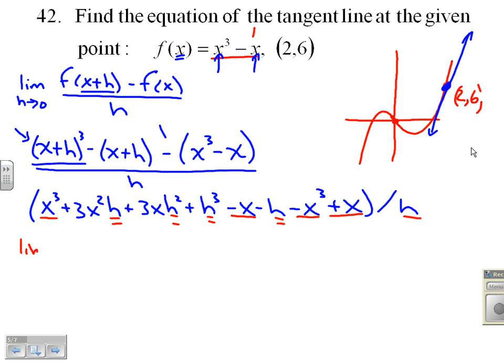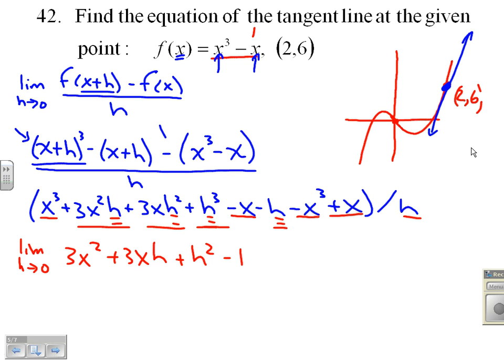So I'm left trying to find the limit as h approaches 0 still of: reduce this guy by h, 3x squared; reduce this guy by h, plus 3x, a single h; reduce this guy by h, plus h squared; reduce this guy by h, minus 1.